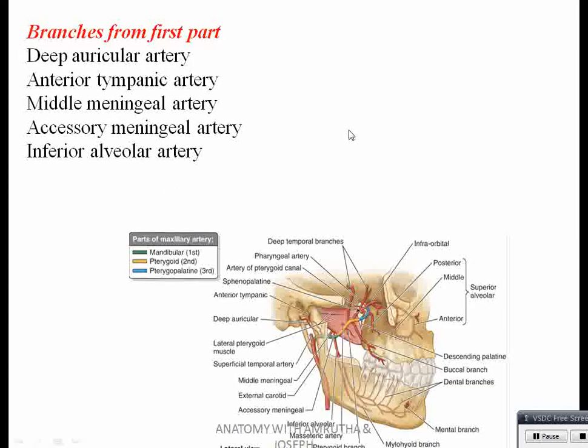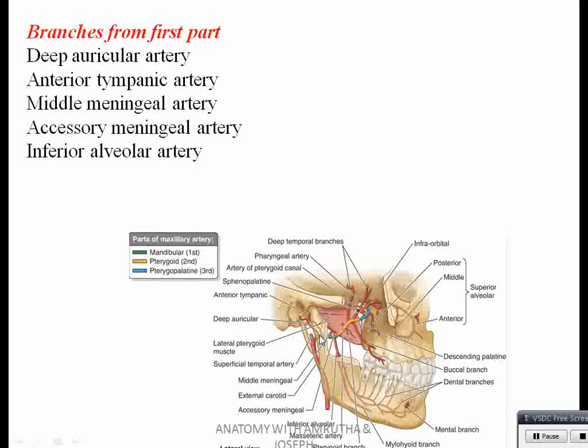Now what are the branches of the maxillary artery? Here the branches are divided by considering the first part, second part and third part. The first part gives some branches. They are deep auricular artery. So the first part is somewhere in this area, represented in green color.